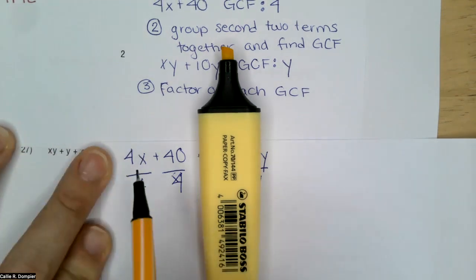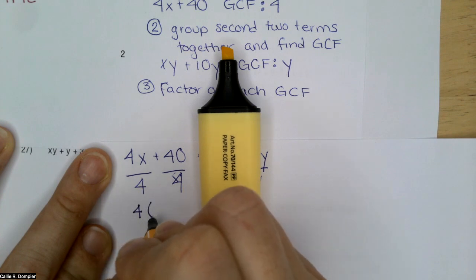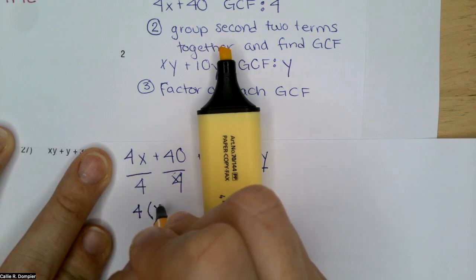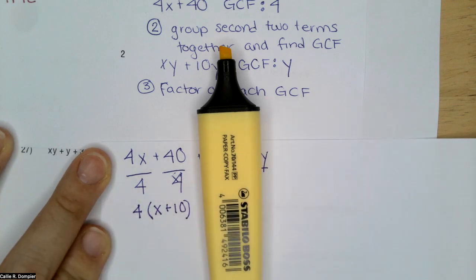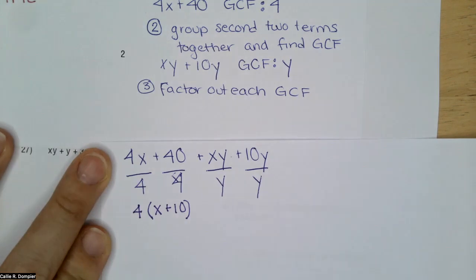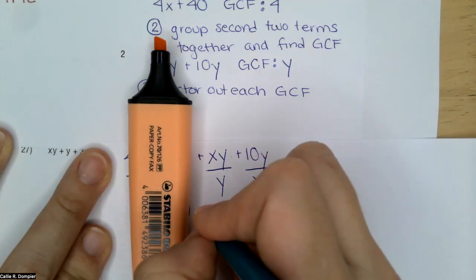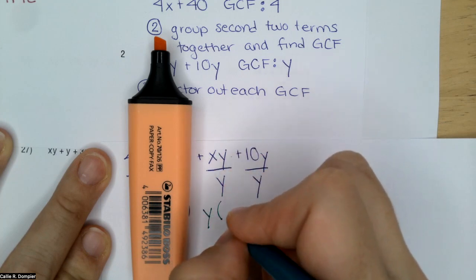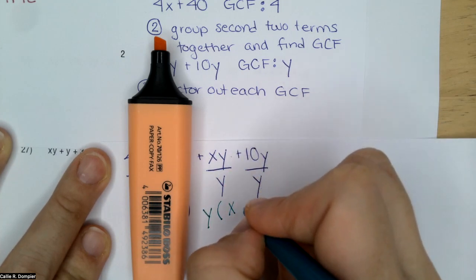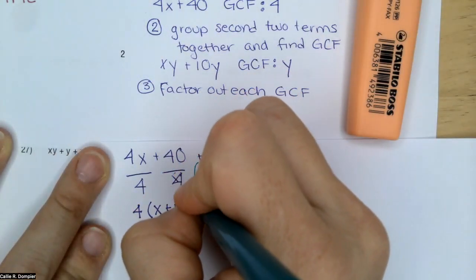So if we're just simplifying 4x and 40 divided by 4, remember we put 4 on the outside. 4x divided by 4 is x. 40 divided by 4 is a positive 10. Okay? xy and 10y, the greatest common factor is y. xy divided by y is just x. 10y divided by y is 10. Okay? Keep this sign the same.